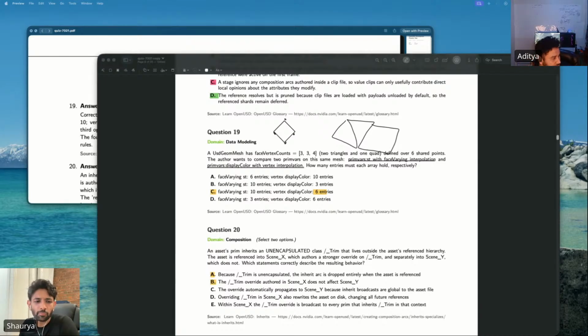The asset is referenced into the CNX, which authors a stronger override on trim, and separately into scene Y, which does not. Which statement correctly describes the resulting behavior?